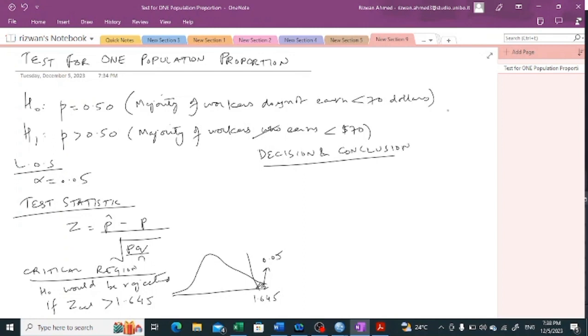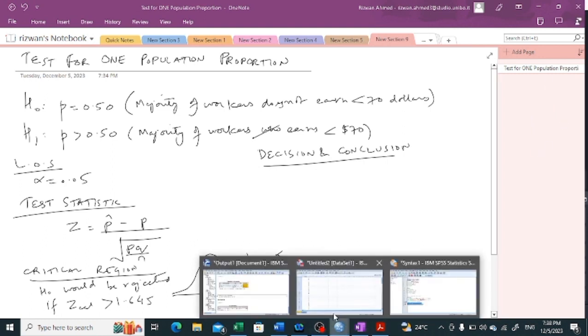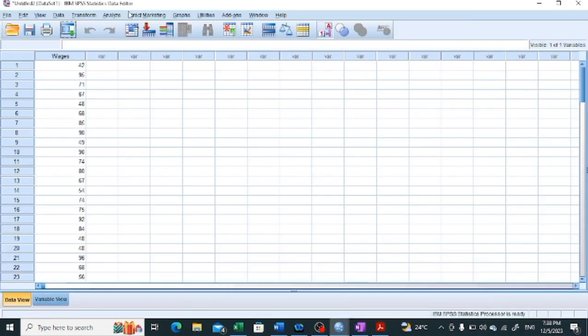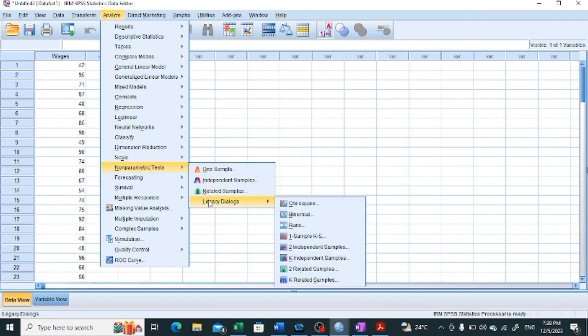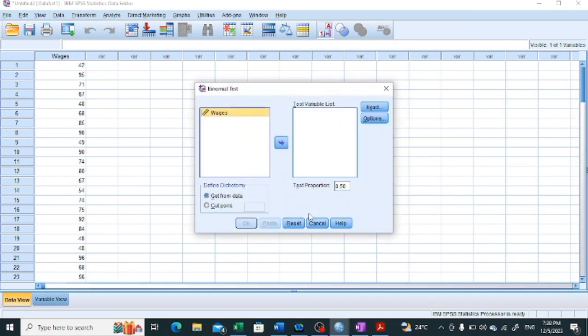So how do we perform this test? For this we need to go to Analyze, then Nonparametric. In Nonparametric we go to Legacy Dialogs, and in that category we can find Binomial test as an option for proportion.